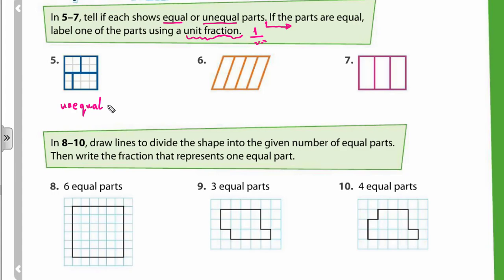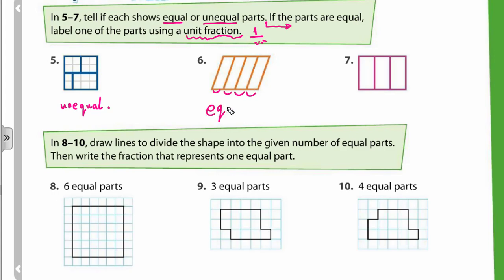Yes, teacher. Okay, Ali. Question number 6. Equal or unequal? Non-equal. These parts are unequal? I see that they have the same size. What about you, Ali? Can you see that they have the same size?